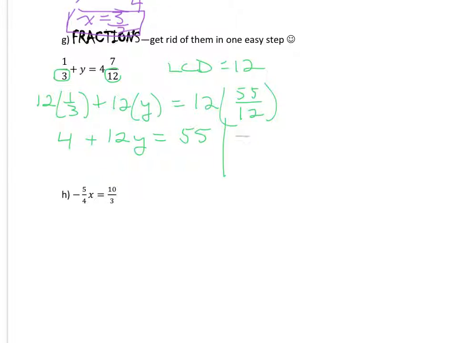Let's subtract 4 from both sides. So I have 12y equals 51. And then we can divide both sides by 12, and I'll have y equals 51/12, or 4 and 3/12, which would be 4 1/4.